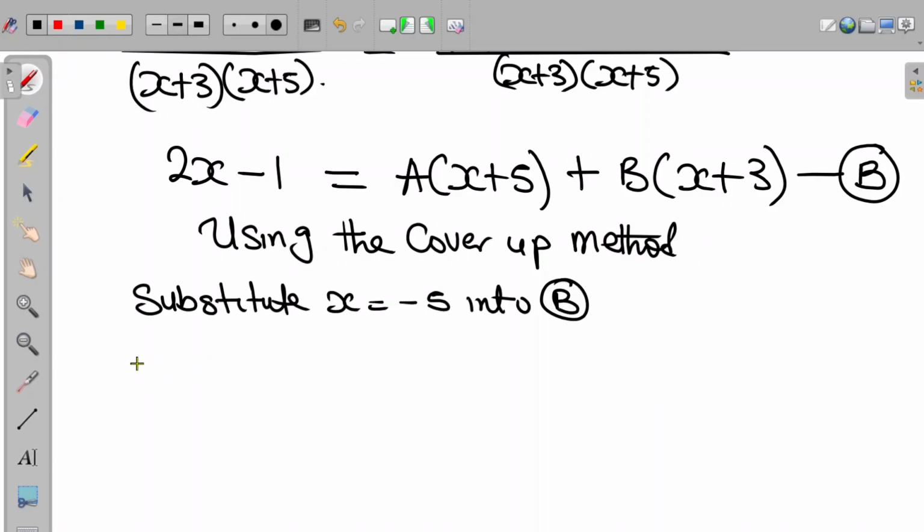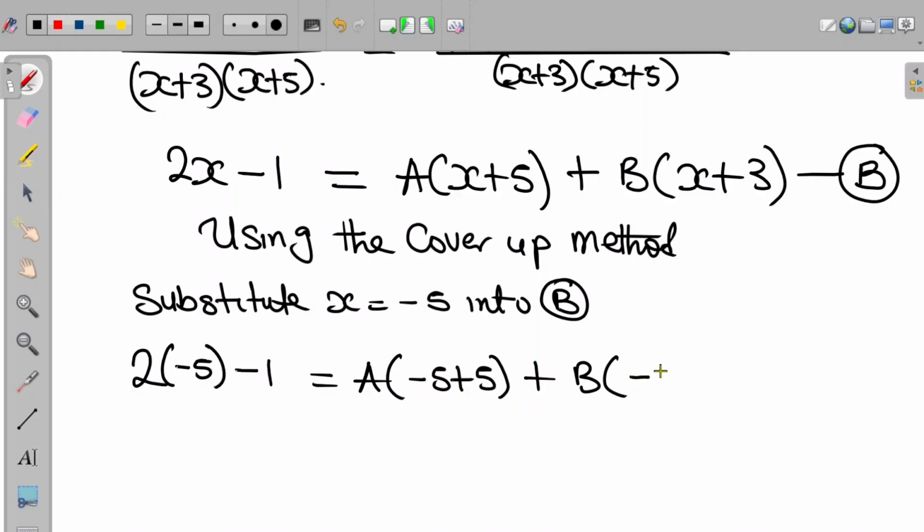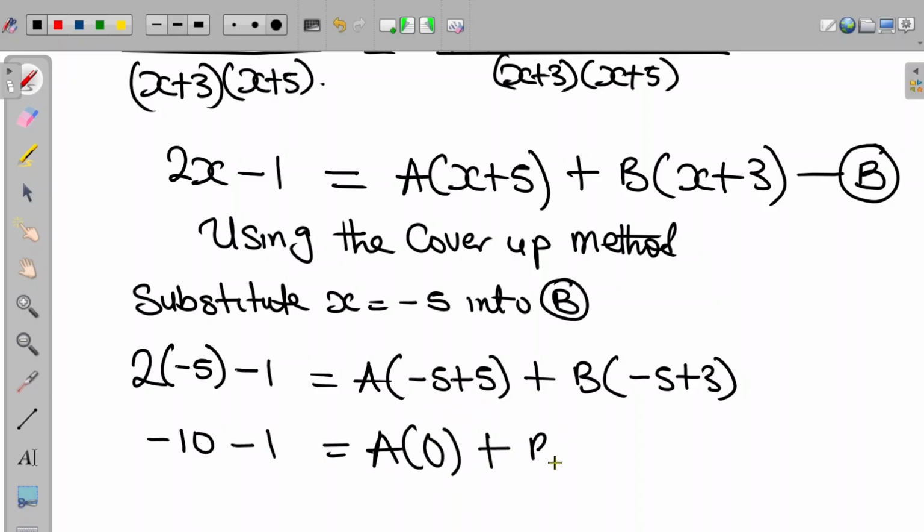So the equation now becomes 2 multiplied by negative 5 minus 1 equal to A, open bracket, minus 5 plus 5, plus B, open bracket, minus 5 plus 3. Now, 2 times negative 5 is negative 10 minus 1 equal to A, open bracket, minus 5 plus 5 is 0, plus B, open bracket, minus 5 plus 3 is minus 2.